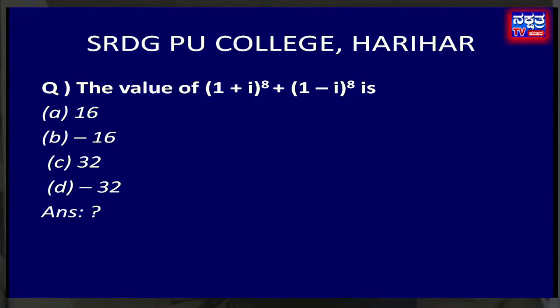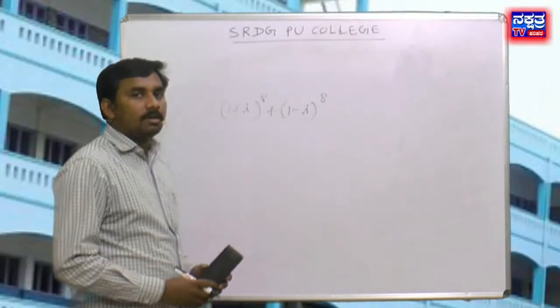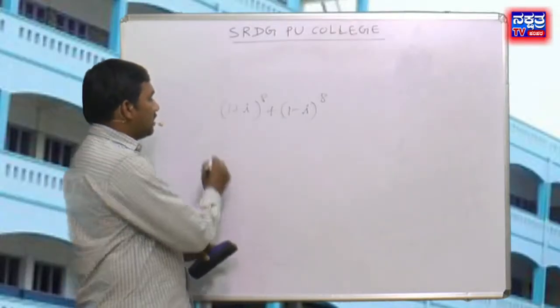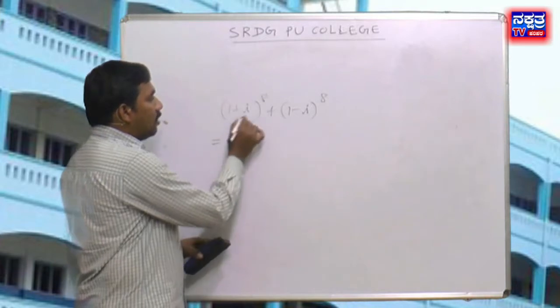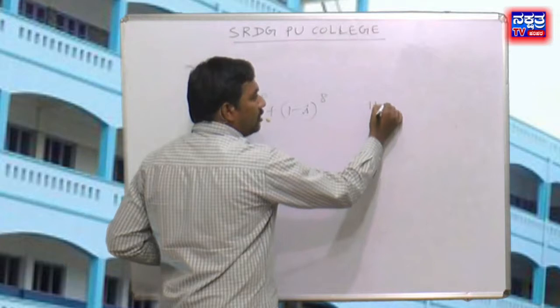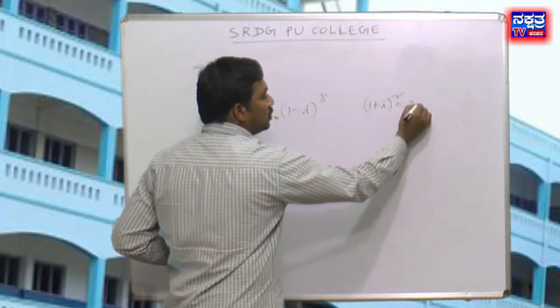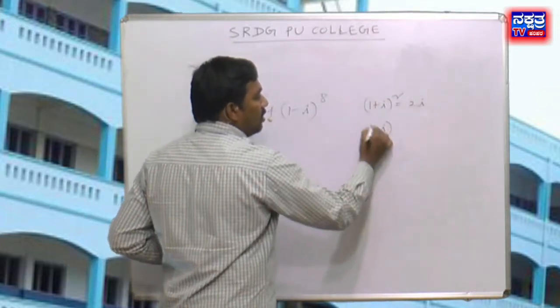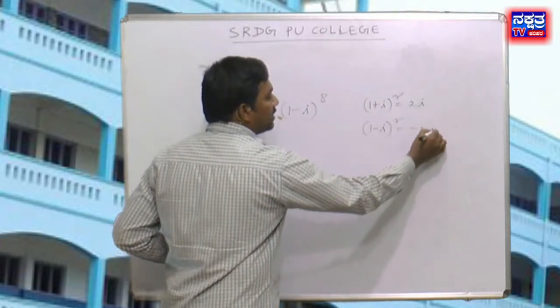The value of (1 plus i) whole power 8 plus (1 minus i) whole power 8 is? Watch the board. Students, here 1 plus i whole power 8 and 1 minus i whole power 8 are given, and you have to remember (1 plus i) whole square is 2i and (1 minus i) whole square is minus 2i.